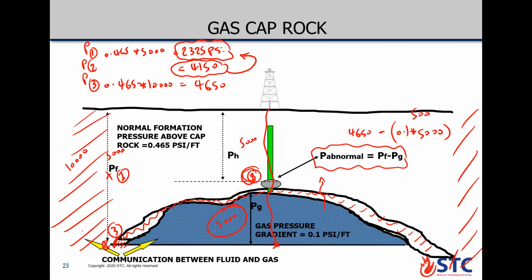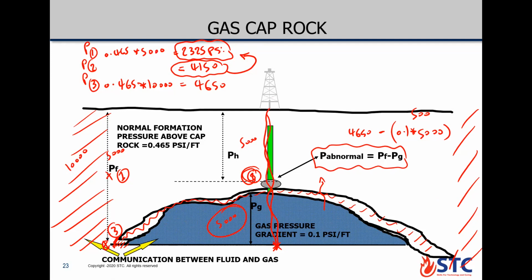So we need to calculate the pressure here as a normal formation pressure. If you look here, once we need to calculate the pressure at point number 2, we take the whole pressure as normal. So the problem is when we have gas, there is a problem of abnormal pressure.